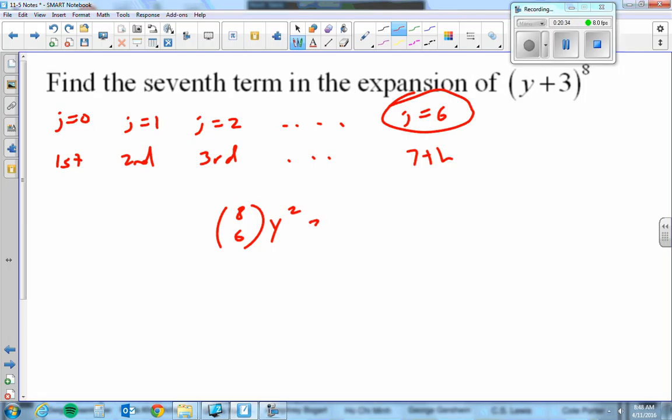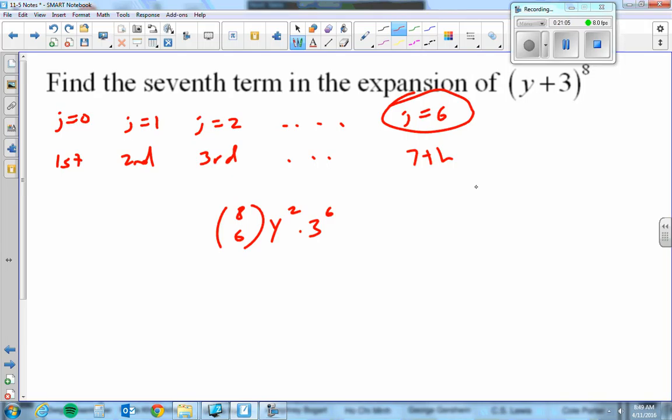And then b to the power of j, because j is 6. Now, 8 choose 6. Go look it up. Tell me what you get. If j is 6, you're looking at the 7th number. You should be in the 8th row.